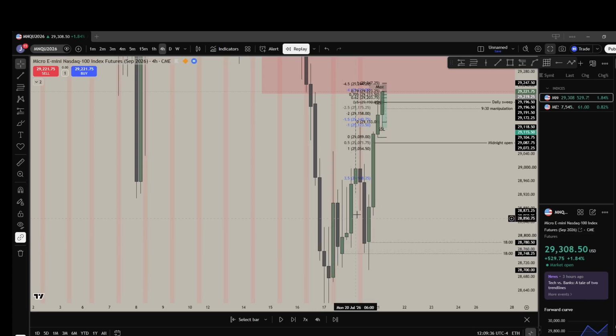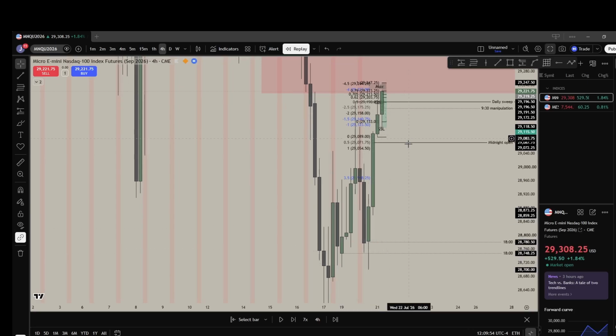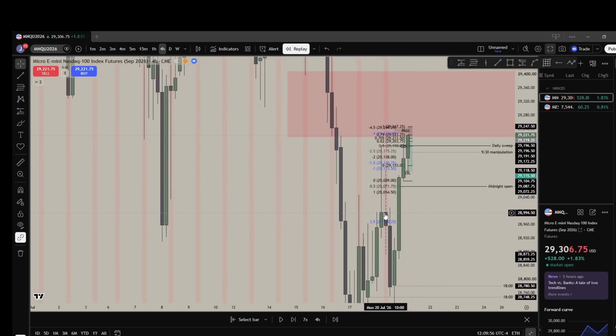We went to buy side liquidity, in which we created that daily high, and now we're going through again. We went back to the 18 daily open, where we opened low, swept sell side liquidity, so we're delivering from sell side liquidity going to buy side liquidity. So my daily bias for this day was bullish.